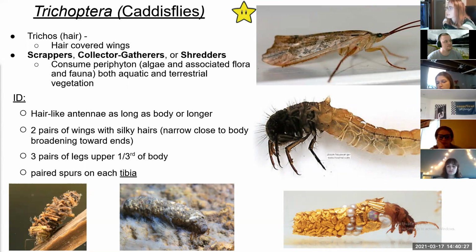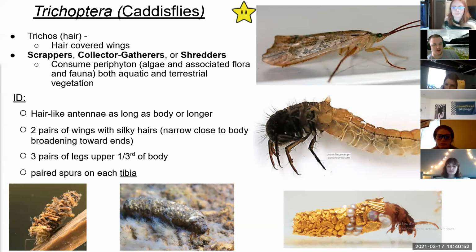Caddisflies won't be really easy to see because they've incorporated small rocks, bits of leaves, all into this casing. And so it helps them blend in with the environment because most of their body is actually mush. So if you're looking at this picture, that lighter portion of the body is very soft compared to this very, very hard head. And so it protects them, and then the camouflage aids in that protection.